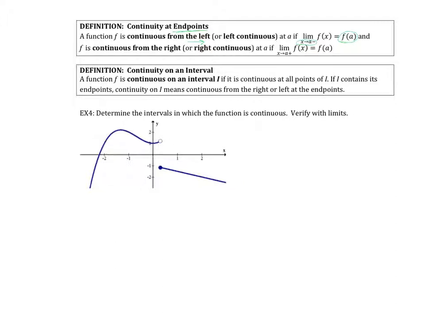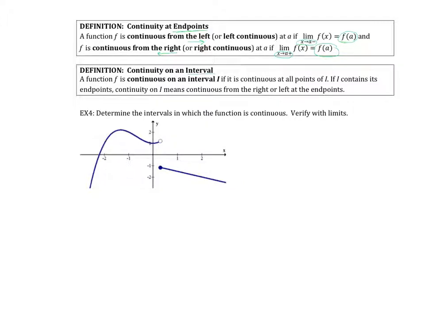It's continuous from the right, or coming in from the right, if when you take the limit coming in from the right, it's going to be equal to the value of the function. So it's the same definition as continuous at a point, except you're just coming in from one side because it's an endpoint.